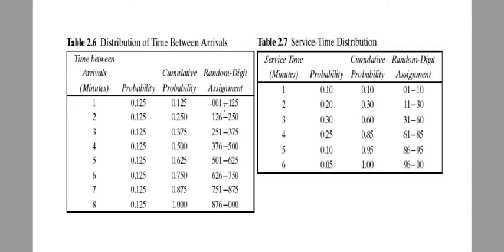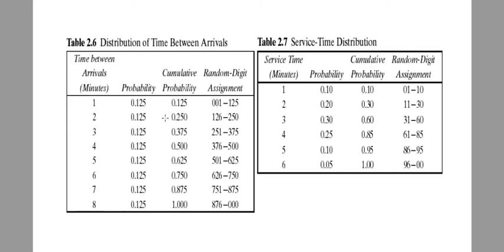But in our class, we will start with 001 and end at the point 125. So it will be 3 digits, because we can see there are 3 decimal digits after the point. So the random digit will be 001. If there were 2 decimal digits after the point, like 0.10, then we would take 01. So it will end up as 001 to 125.